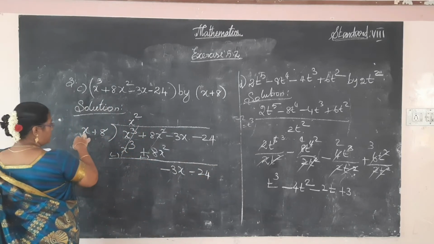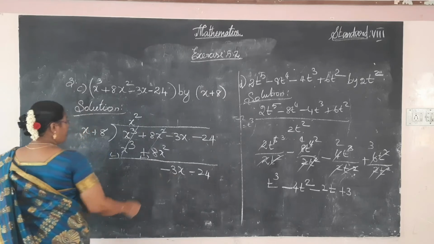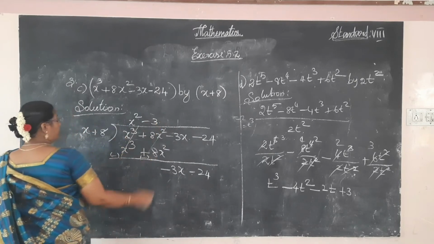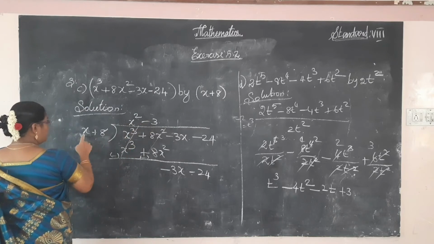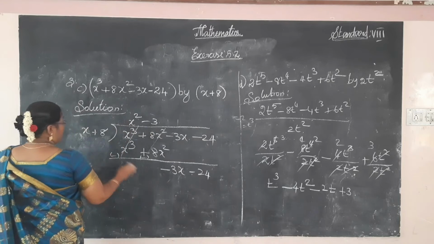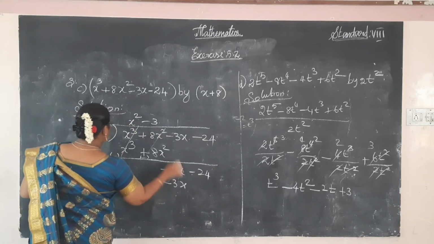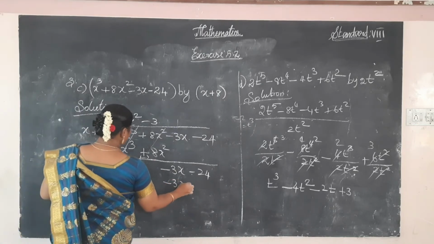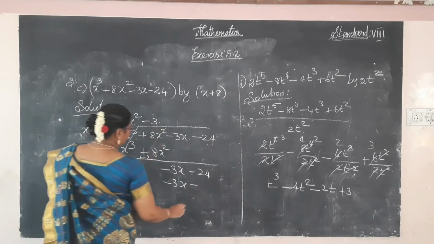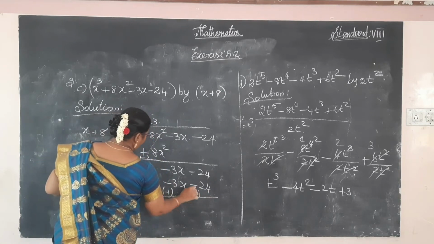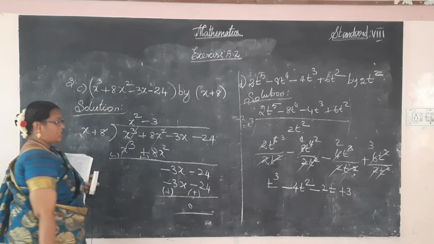Now move to the next terms, minus 3x minus 24. So divide the first term by the divisor. What we get? Minus 3. Multiply minus 3 by each term of the divisor: minus 3 into x is minus 3x, minus 3 into plus 8 is minus 24. So write the additive inverse, and the terms will be cancelled.